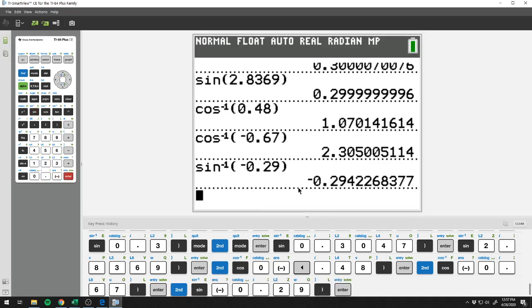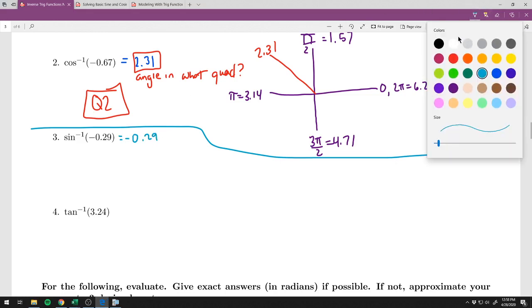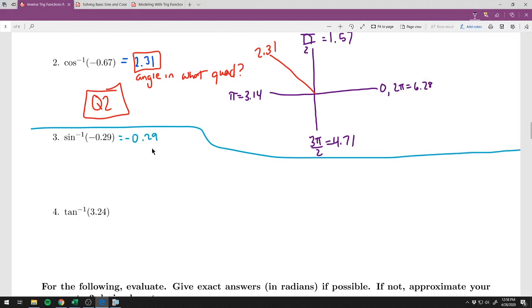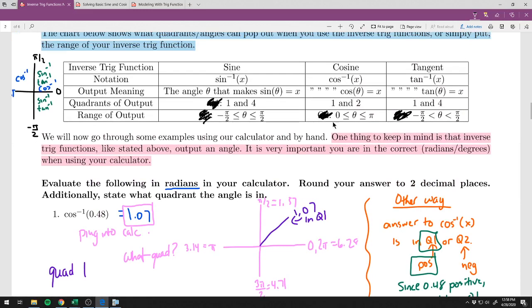And what we get is negative 0.29. It's coincidental that it's the same one. That's not always the case. And yes, you can get a negative because the outputs for sine and tangent inverse are quadrants 1 and 4. I'll remind you that. Sine and tangent inverse are between negative pi over 2 and pi over 2.